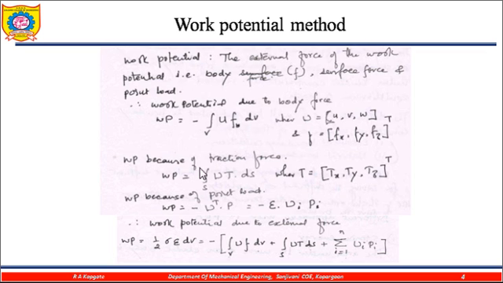Now the work potential because of the traction forces, that is the surface force, or from our side the surface shear forces, this is also called the traction forces. So that is traction force, again that is the integration not on a volume but on a surface area. So integration on a surface area, U into T into ds.